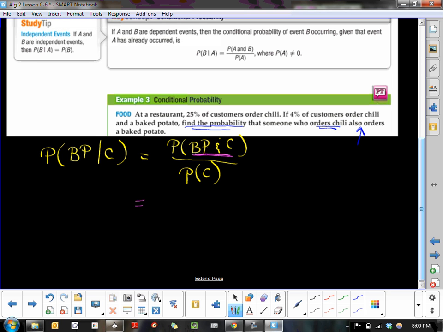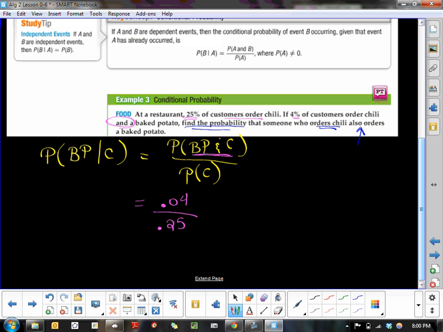That is given here: 4% of the customers ordered chili and a baked potato. That is nothing more than 4%, which is 0.04, divided by the probability of them ordering chili. At the restaurant, 25% of the customers order chili, so we'll plug in 0.25.